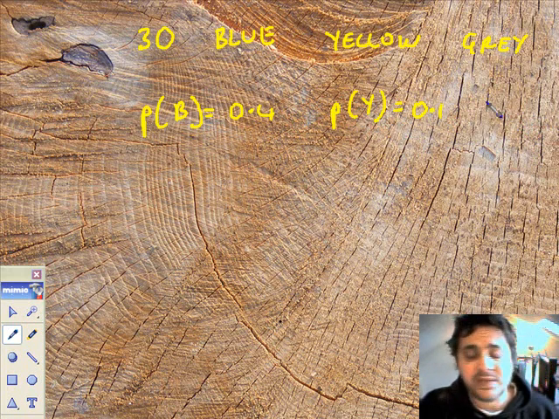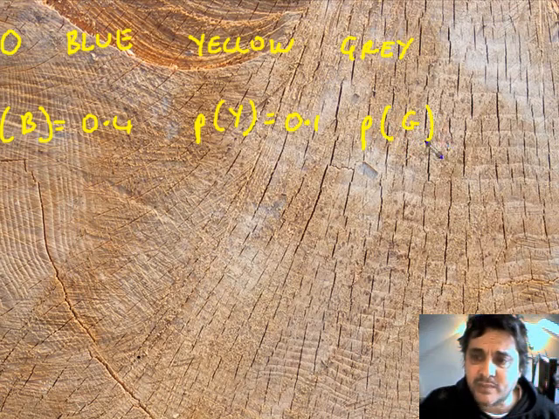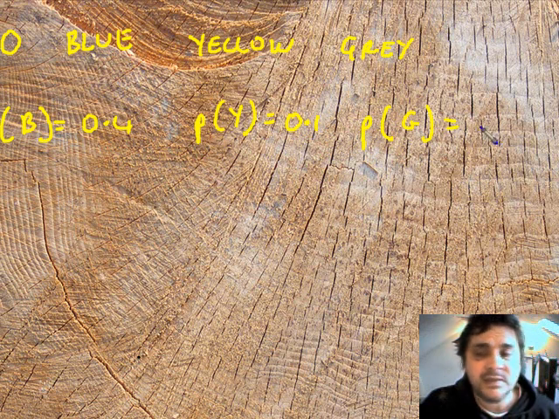I'm not told this, but since there's nothing else in there, the probability of the grey marble is the remainder: 0.4 and 0.1 is 0.5 so far, so the remaining must be 0.5, and that all adds up to 1. That means he is certain to pick something out of the bag randomly.